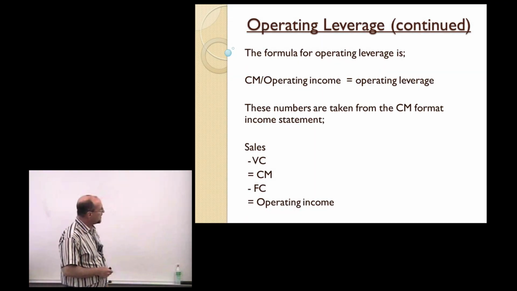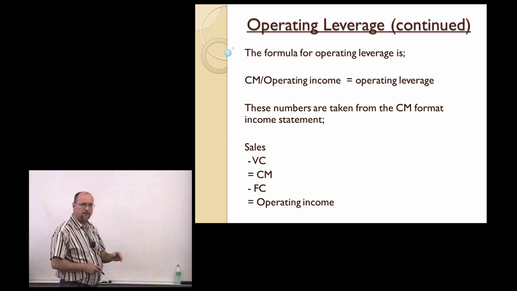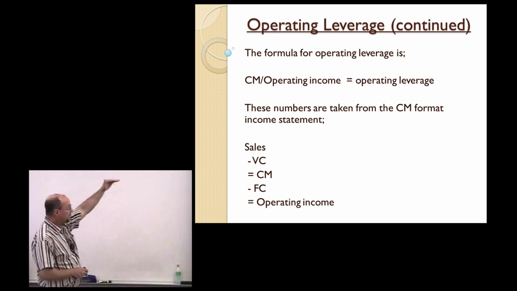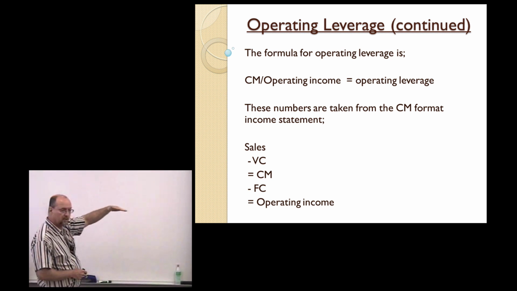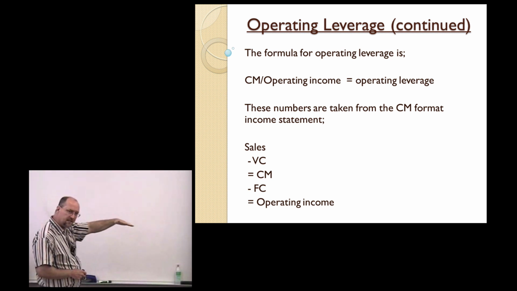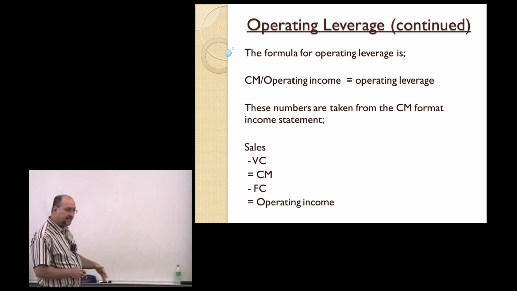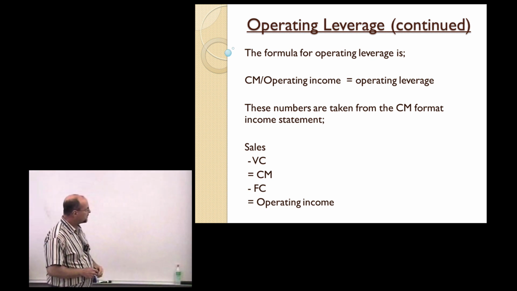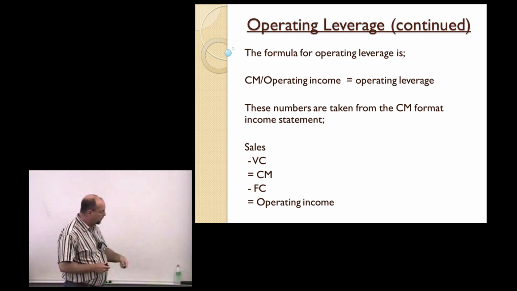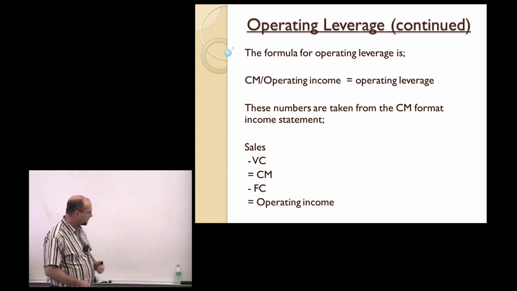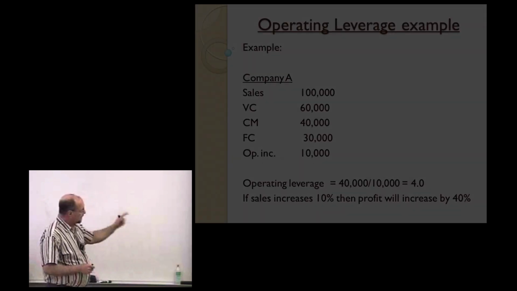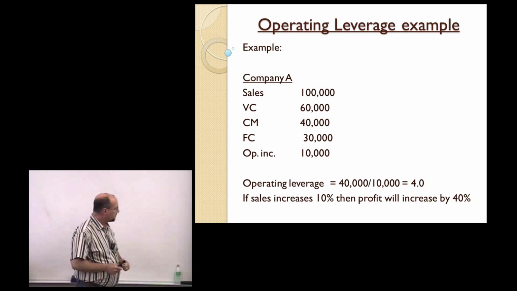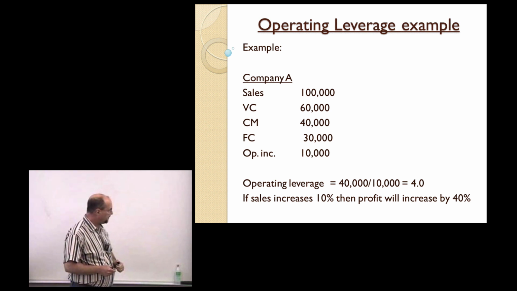Here's our formula, and this comes straight from the contribution margin formatted income statement. Remember, sales minus variable cost equals contribution margin, minus fixed costs equals operating income. Our formula is contribution margin divided by operating income, which gives us what we call operating leverage. Company A has sales of 100,000, variable cost 60,000, giving a contribution margin of 40,000.